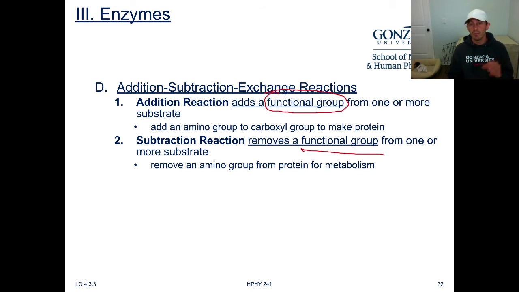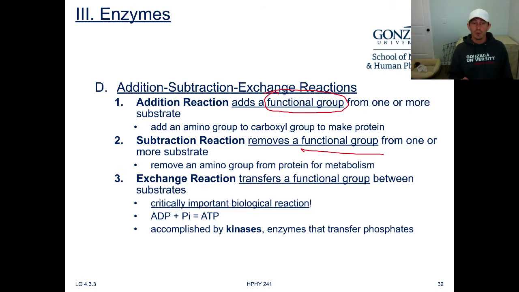So if you remove an amino group from an amino acid for metabolism, then that would be a subtraction reaction. We do talk about it a lot this semester. I don't necessarily say it's an exchange reaction every time, but when you're just transferring a functional group from one molecule to another, okay, that's an exchange reaction.